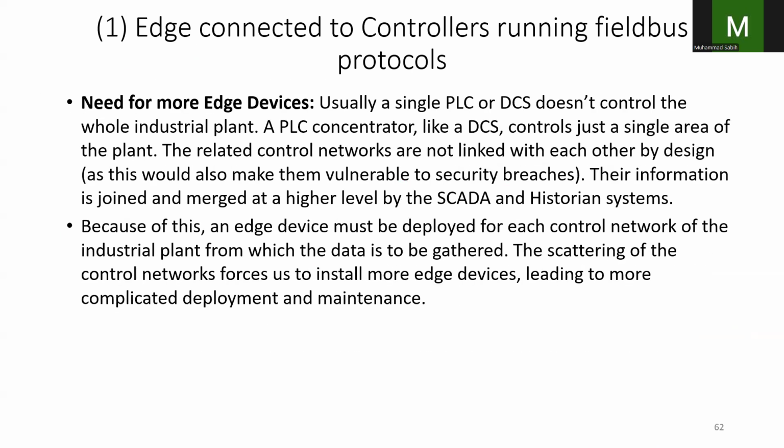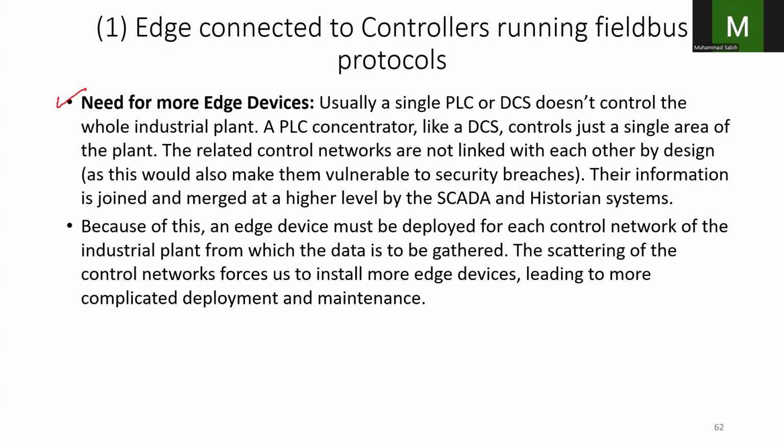Okay, now let's talk about an important challenge in this architecture, the need for more edge devices. Usually a single PLC or even a full-fledged DCS does not control the entire industrial plant. It typically covers only a specific area.